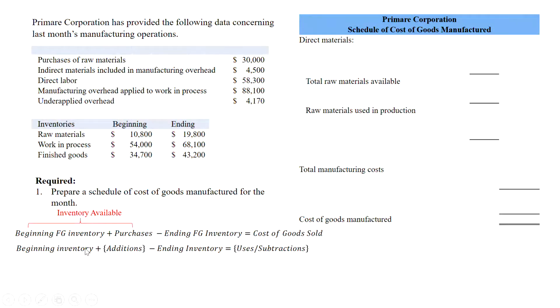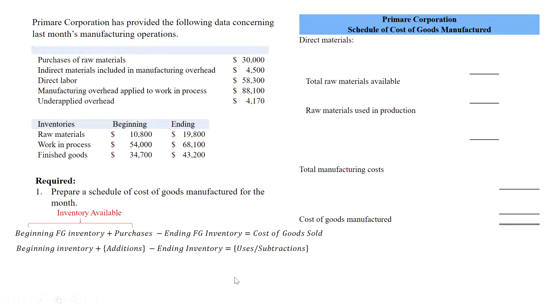So beginning inventory, plus not purchases but, more generically, costs that I'm adding into the process, minus ending inventory, equals the cost of what I used or subtracted. I'm going to use this generic formula a few different times with a few different tweaks.